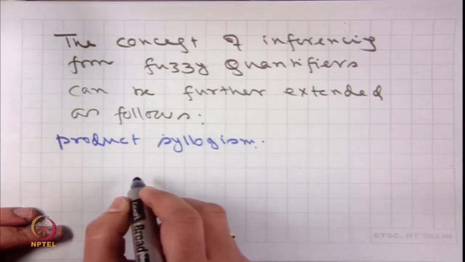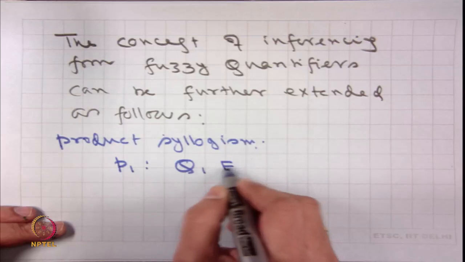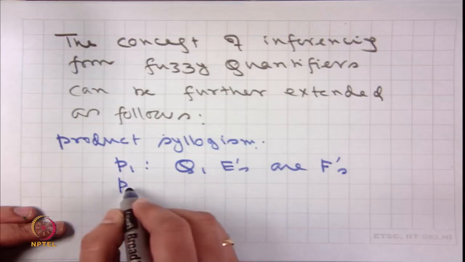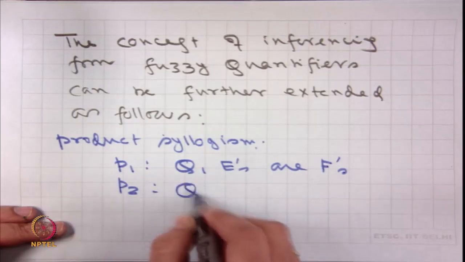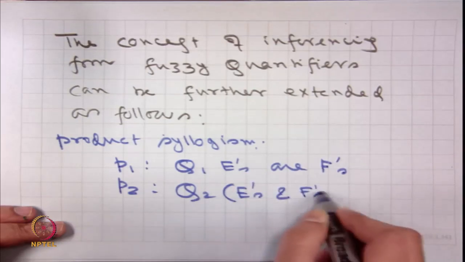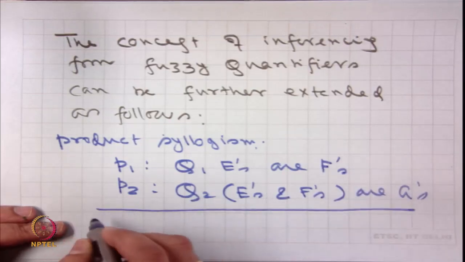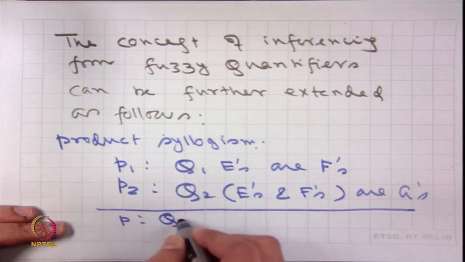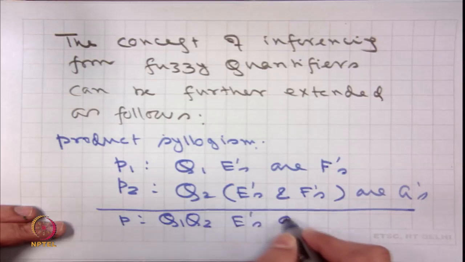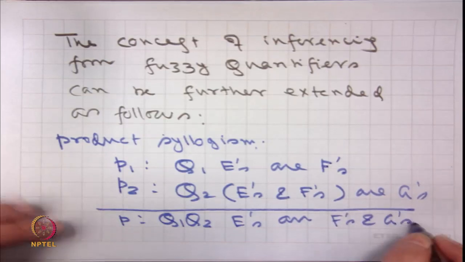That is, suppose we have the propositions Q1 is are F's and Q2 is are F's and G's. From that we want to conclude in a similar way Q1 Q2 are F's and G's.